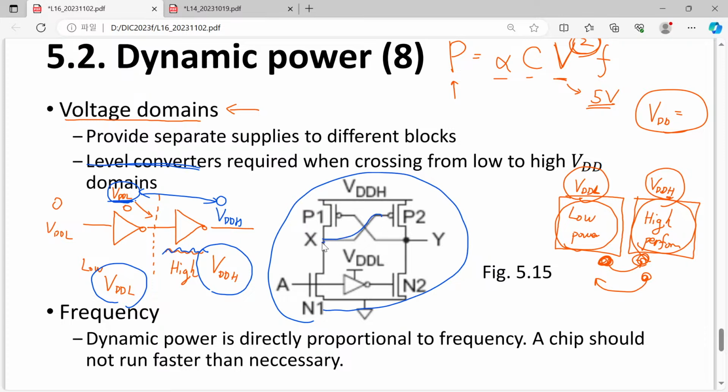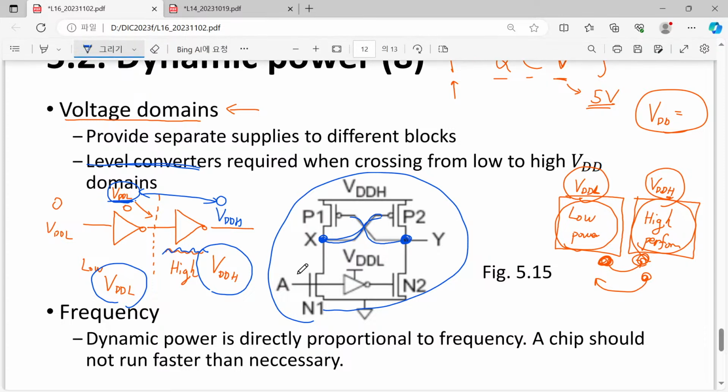The drain of this P1 transistor is fed to the gate, and the drain of this P2 transistor is fed to our P1 transistor.